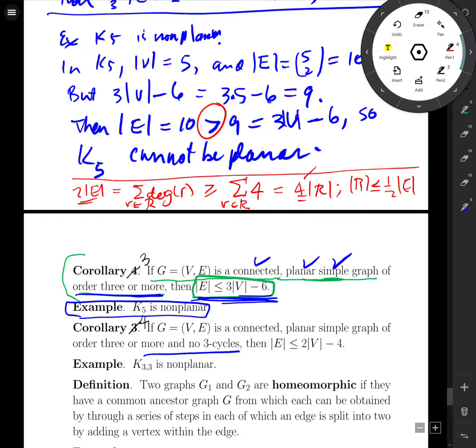And with Euler's formula, just as we did before, that would say the number of edges is equal to the number of vertices plus the number of regions minus 2. And R is less than or equal to 1/2 the number of edges. So this is less than or equal to V plus, right here I'll put a 1/2 times the number of edges minus 2.